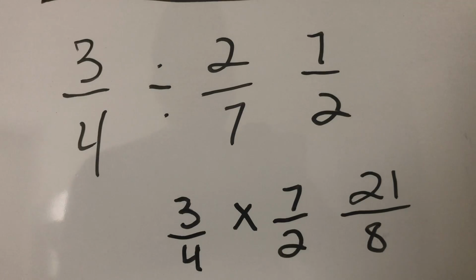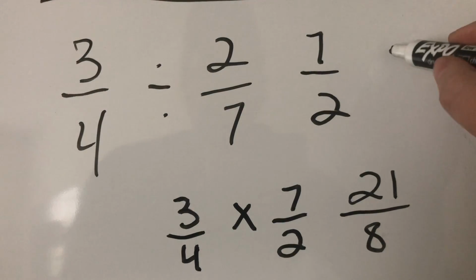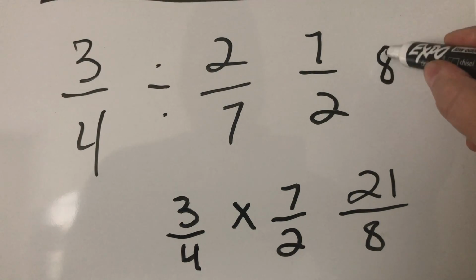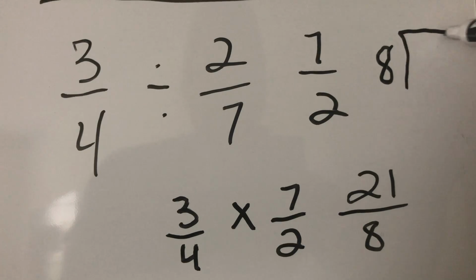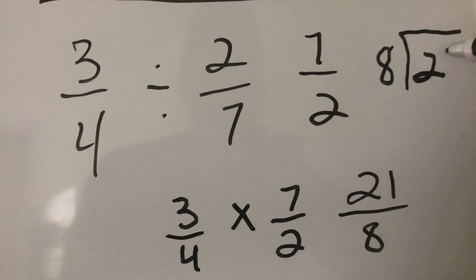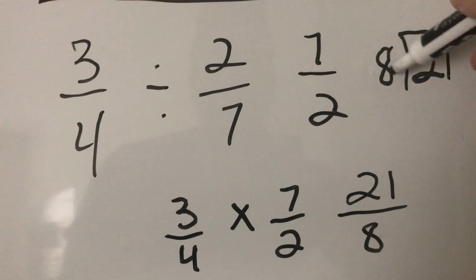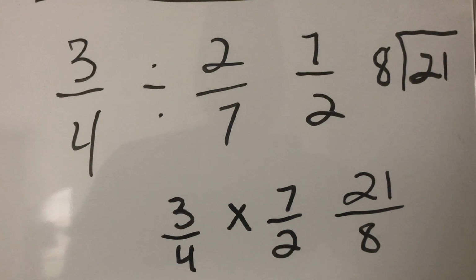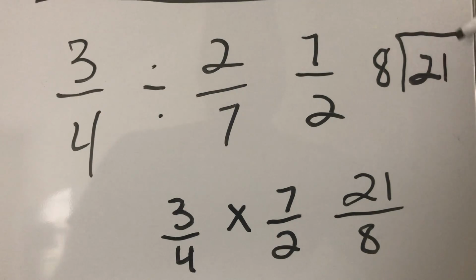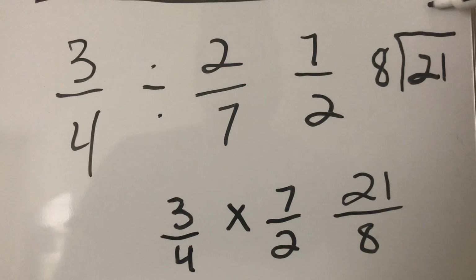So how do you do that? Very simple. All you have to do is you take the denominator, all right, and then you take the numerator. So we have a problem now, 21 divided by 8, or 8 into 21. All right, so how many times does 8 go into 21? 8 goes into 21 2 times.